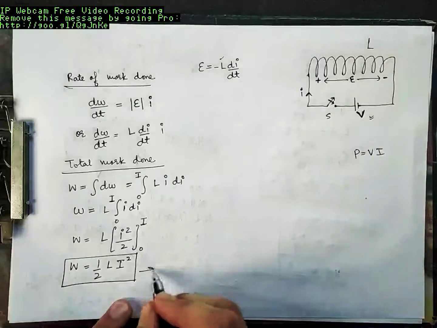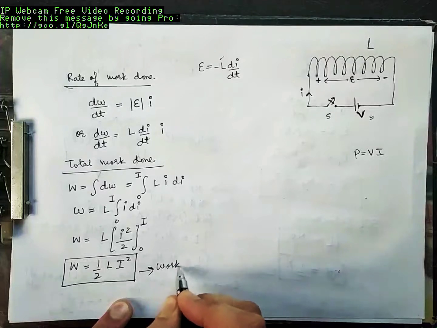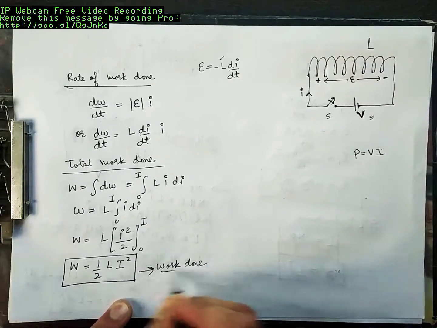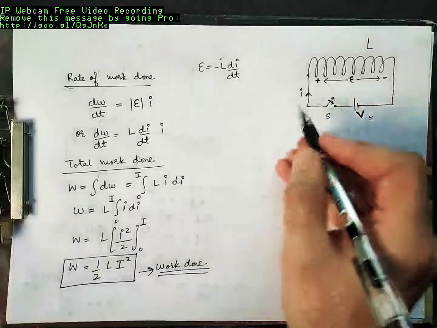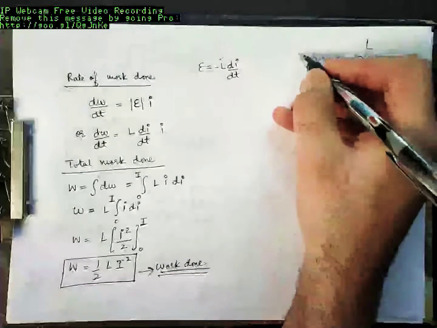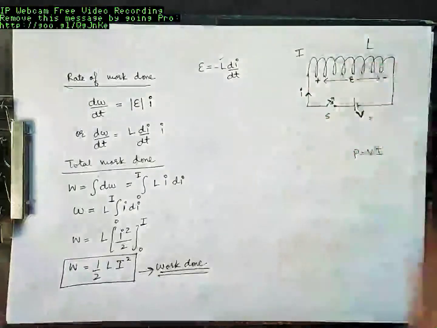This is the work done. This is the work done by this voltage source in order to establish current I in this inductor.